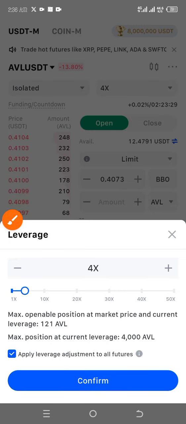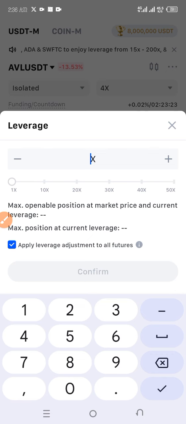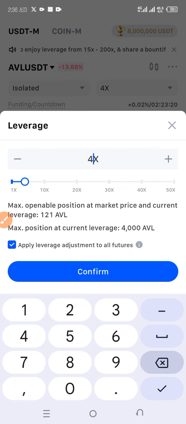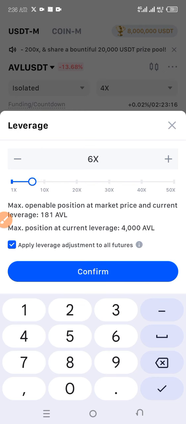Once you click on it, you will see the adjustments here. You can just type it by dialing 4x, 5x, something like that. Or you can make use of this, but I prefer you just type, you don't go above 5x or 4x. To me, I always use 4x or 5x.